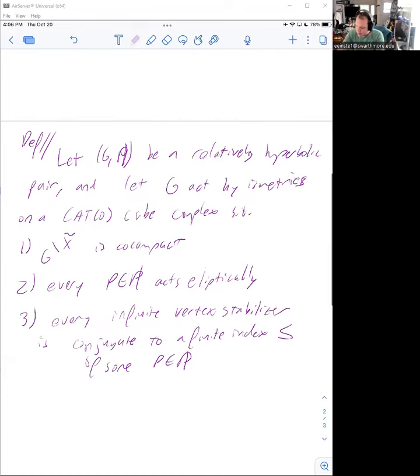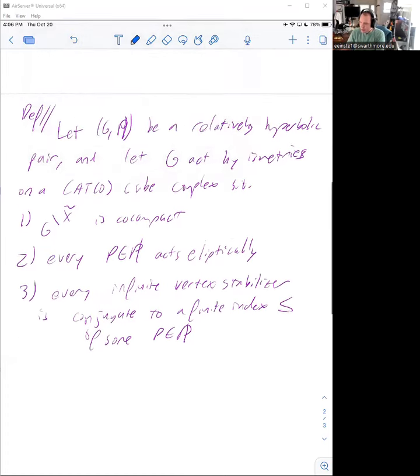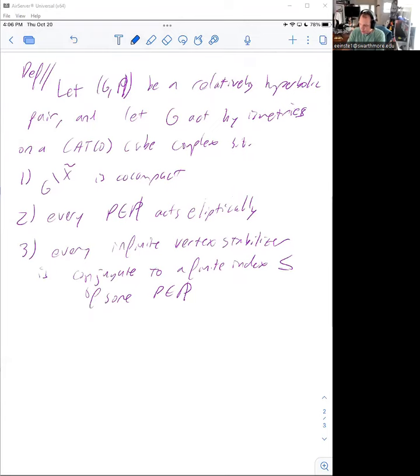So let me give you some really basic examples of this that you might be familiar with. So here's one simple example. One, if I take a group and I take the entire group, this is relatively hyperbolic and acts trivially on a point.